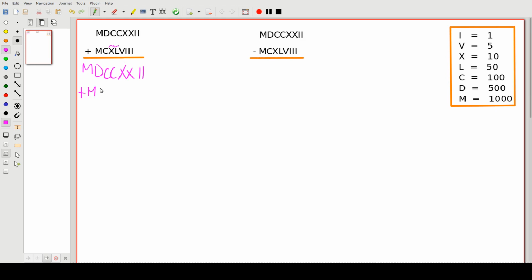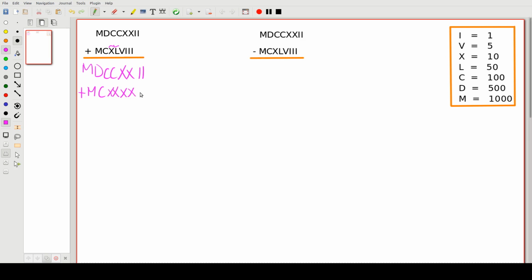So the M and the C, that's fine, we can write that. But XL, what does XL mean? It means 10 less than 50, so it's 40. That means 1 X less than 5 X's. That gives us 4 X's. So that'll be X, X, X, X, 4 X's.